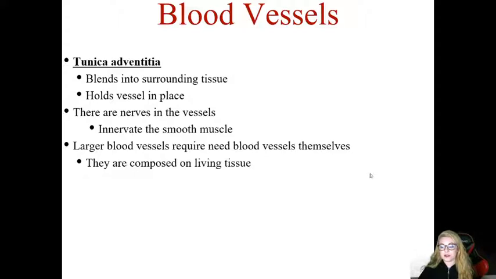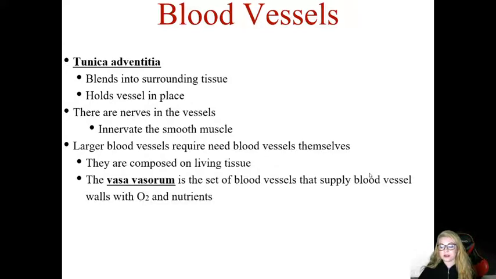The vasa vasorum is a set of blood vessels that specifically supply blood vessel walls with oxygen and nutrients. So even though the overarching job of all blood vessels is to provide nutrients and oxygen to all your organs and tissues throughout your body, they also have to have their own supply, and that comes from the vasa vasorum.